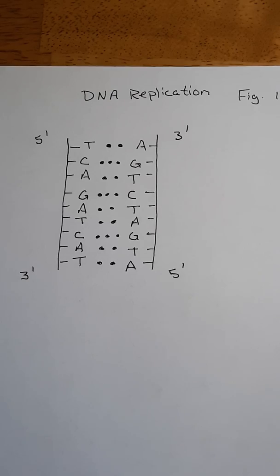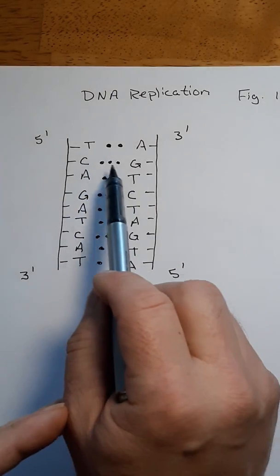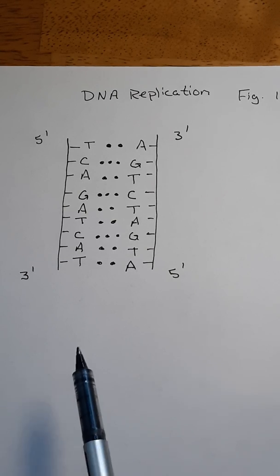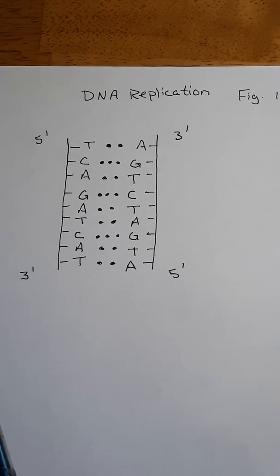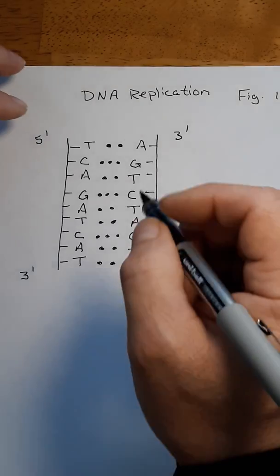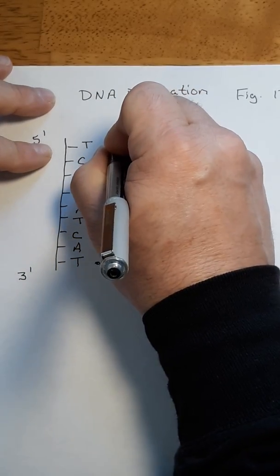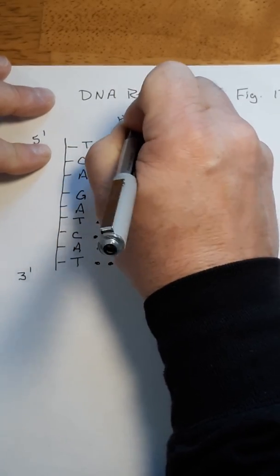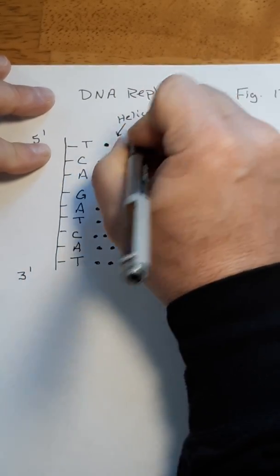In order to do that, we have to break these hydrogen bonds. The enzyme that breaks these hydrogen bonds is called helicase. So there is an enzyme that will come in and break these hydrogen bonds apart, and that enzyme is helicase.